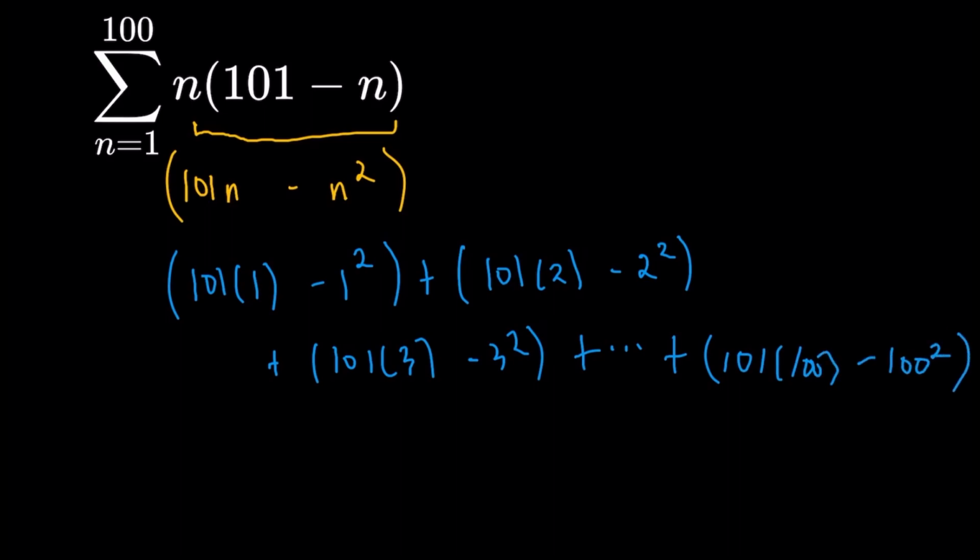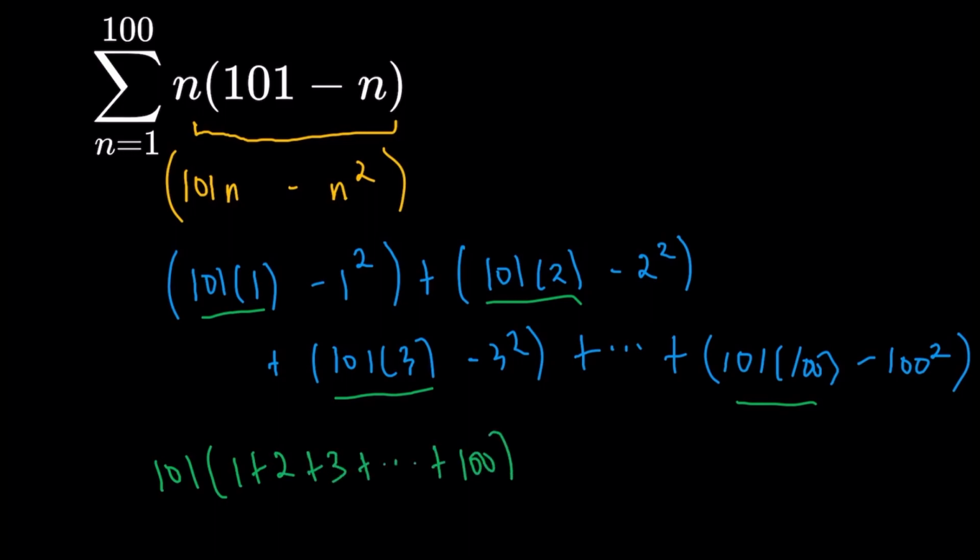So essentially speaking, we can see here 101 times 1 plus 101 times 2 plus 101 times 3, so on and so forth until 101 times 100. We can write this as 101 times the sum of 1, 2, 3, all the way up until 100.